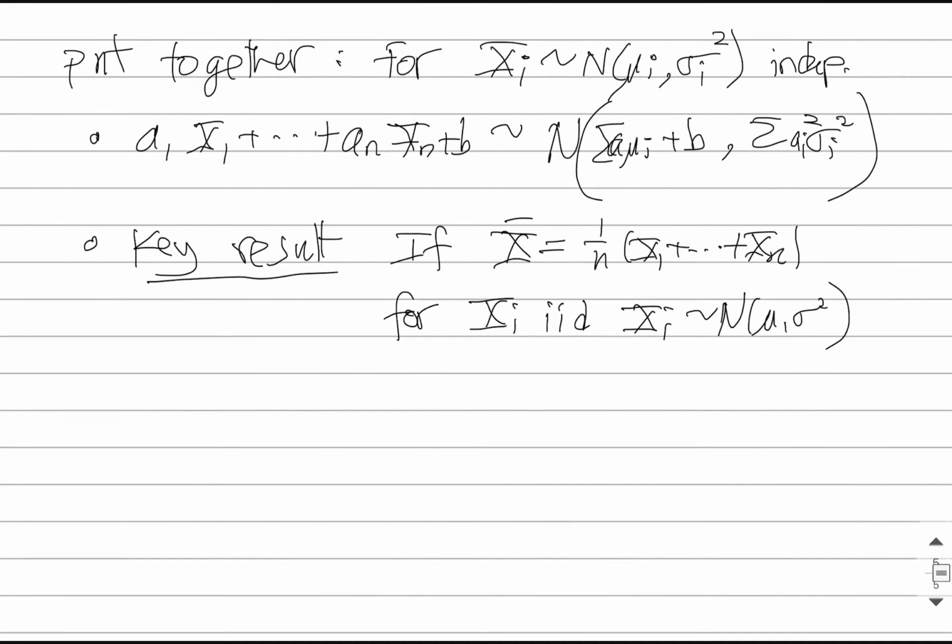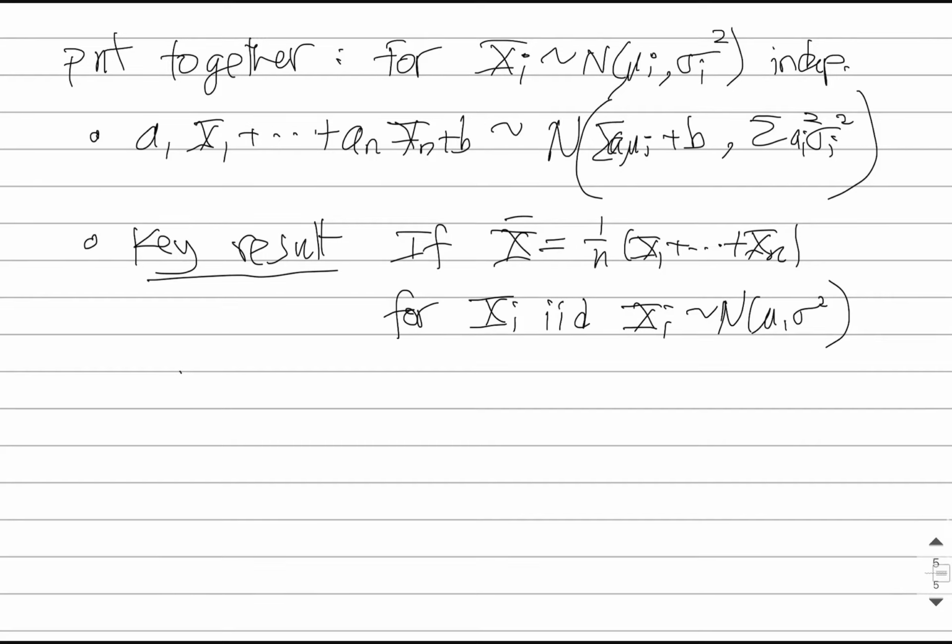So if we were to take this average of all these identically distributed results, what we will then show is that the average itself is a normal variable. It has the same expected value as the individuals, and we proved that earlier, but it's got a reduced variability. We also proved that earlier.